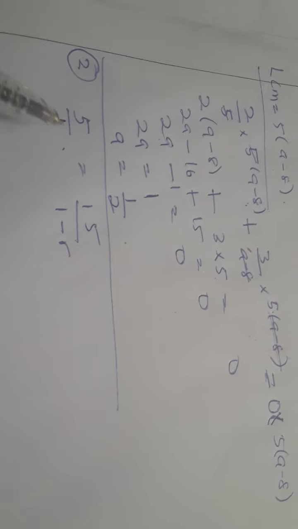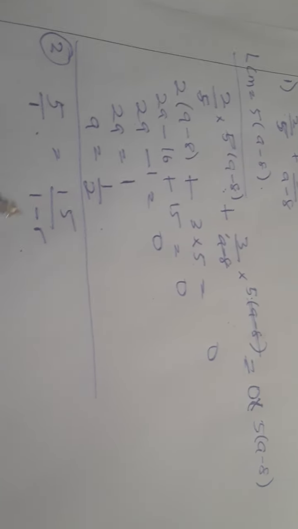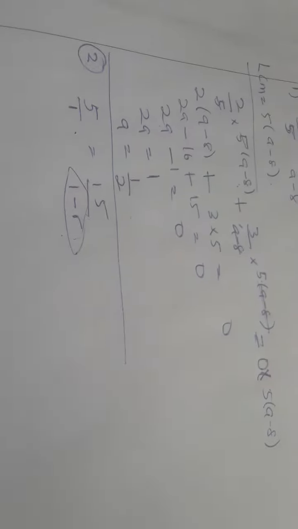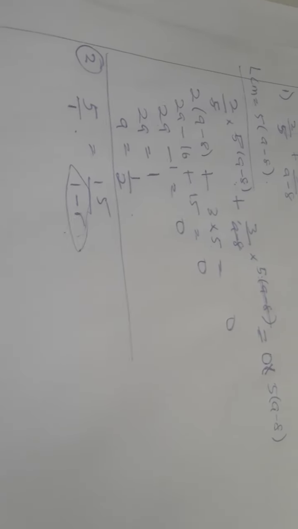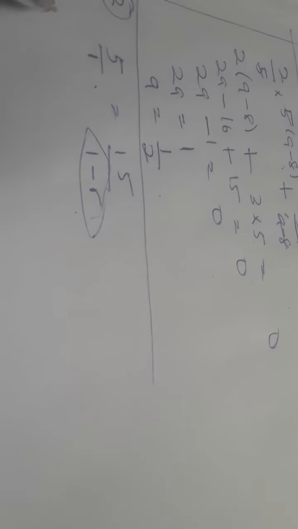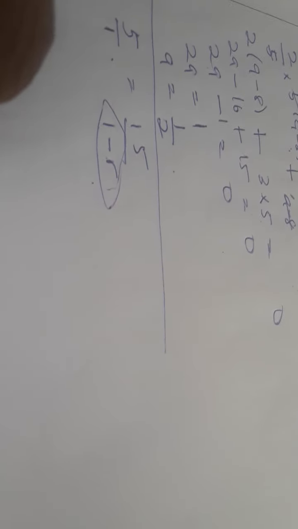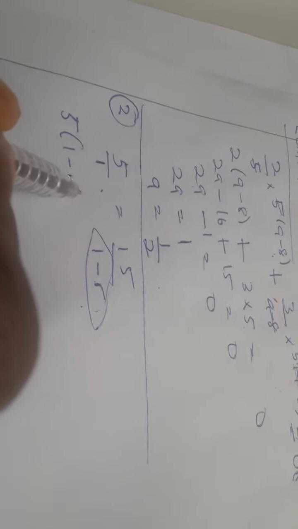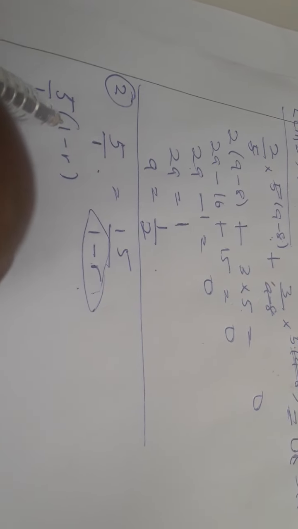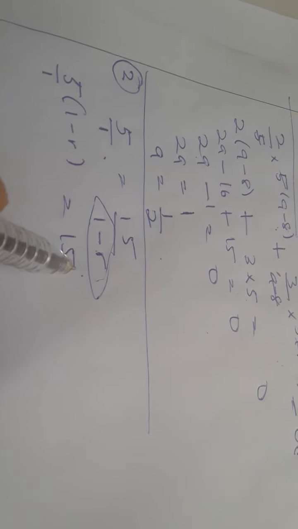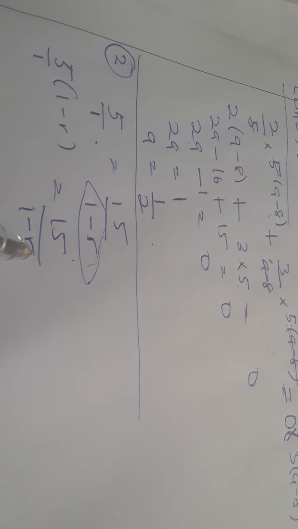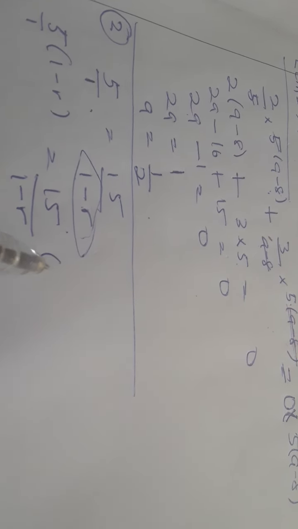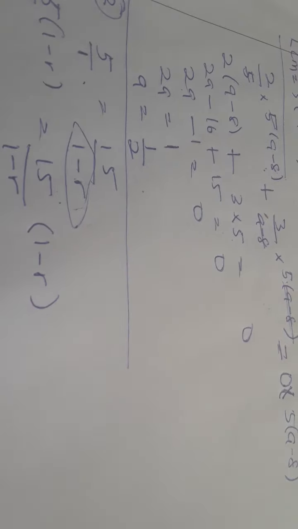Now, the LCM of 1 and 1 minus r will obviously be 1 minus r. This is a term. I hope I'm clear on that. So if you multiply each term by the denominator, you have 5 over 1 multiplied by 1 minus r, is equal to 15 over 1 minus r multiplied by the LCM, 1 minus r.